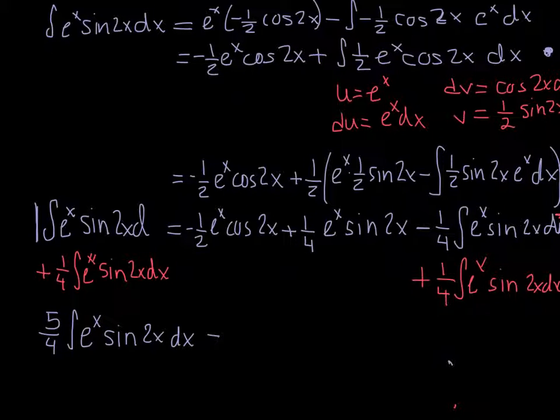And that equals negative 1/2 e to the x cosine of 2x plus 1/4 e to the x sine of 2x. But we're missing something, because we were looking for the integral of e to the x sine of 2x.